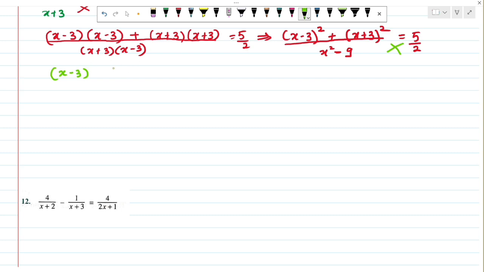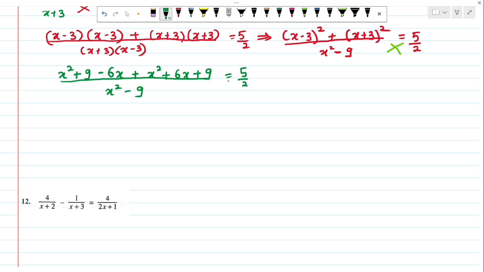I'll write it in the simplified manner, that is (a minus b) whole square, which is a square plus b square minus 2ab, that is minus 6 into x, plus (a plus b) whole square is a square plus b square plus 2ab, that is x square plus 6x plus 9, whole divided by x square minus 9, which is equal to 5 by 2.